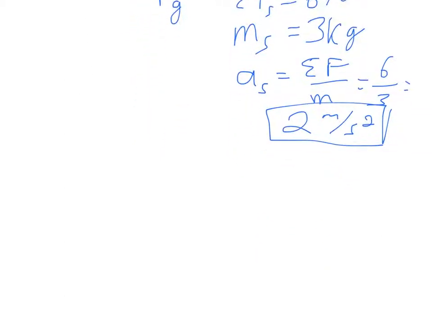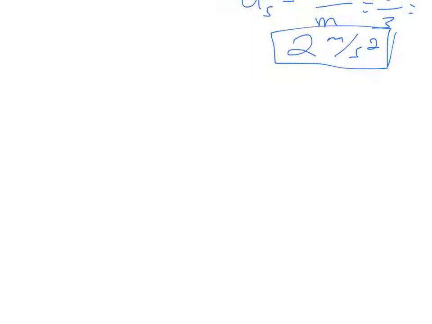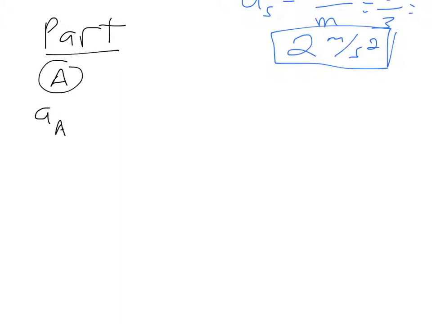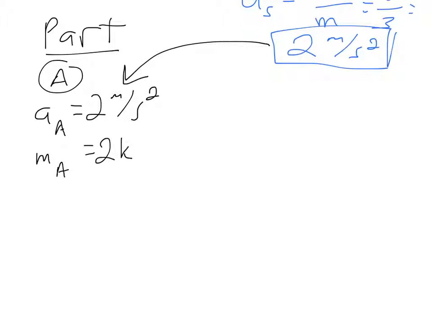Once we have that bit of information from the system, we can look at an individual part. So let's look at part A. We know that the acceleration of A is 2 meters per second squared, because the system is all of the parts. They all have to be accelerating the same. We know that the mass of A is 2 kilograms, so we can figure out the net force on block A. Simply m times a, Newton's second law, which gives us 4 newtons.